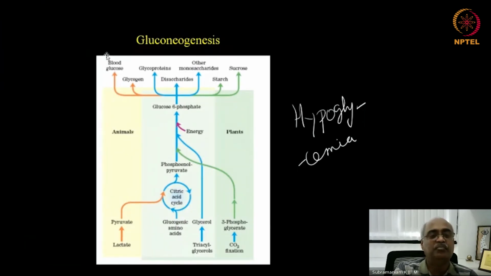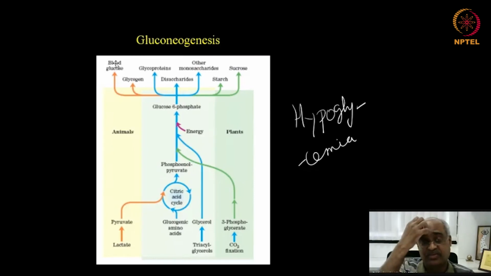An important thing in hypoglycemia is blood glucose. Suppose you are eating only meat and never eat any carbohydrate food, then you are depending on amino acids for producing blood glucose. For example, alanine transamination can generate pyruvate, and that can go into forming blood glucose.